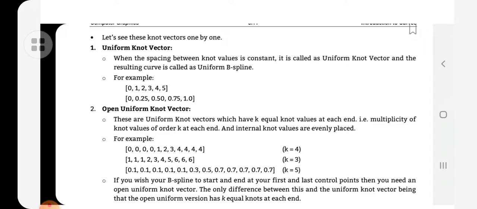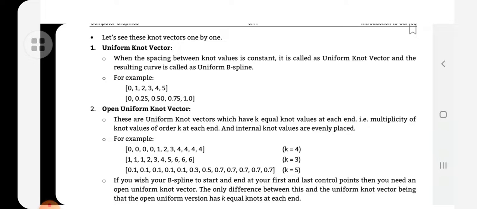After that, the open uniform knot vectors are uniform knot vectors which have k equal knot values at each end. That is the multiplicity of knot values of order k at each end, and the internal knot values are evenly placed. So here k is equal to 4, k is equal to 2. As per the equations, we have to put in the values here.